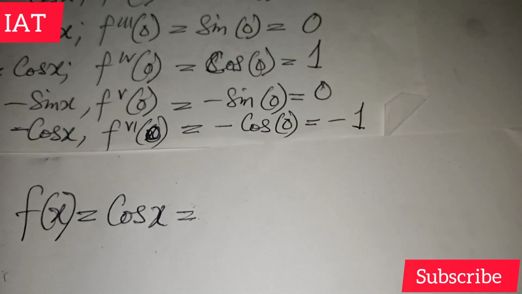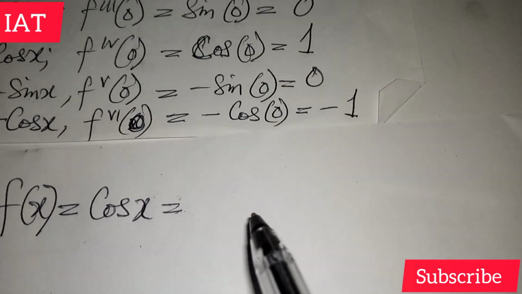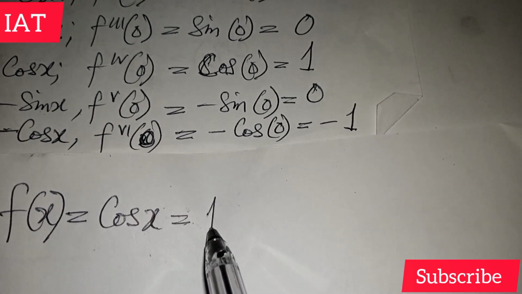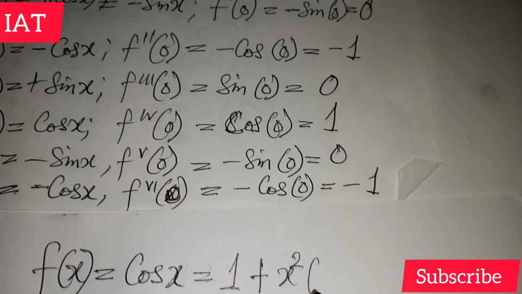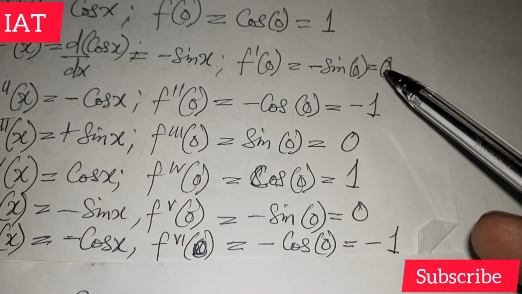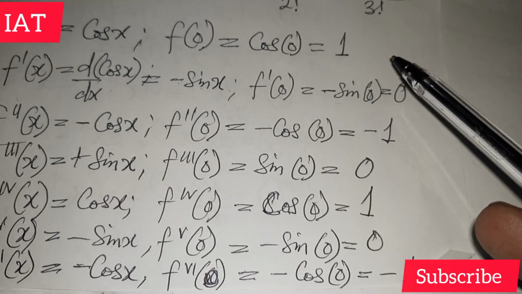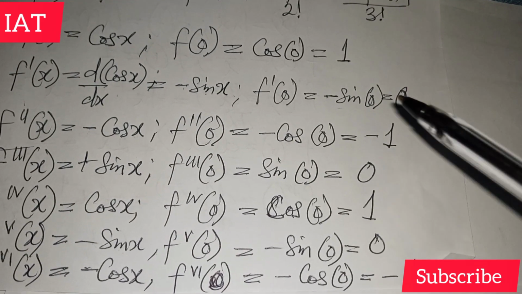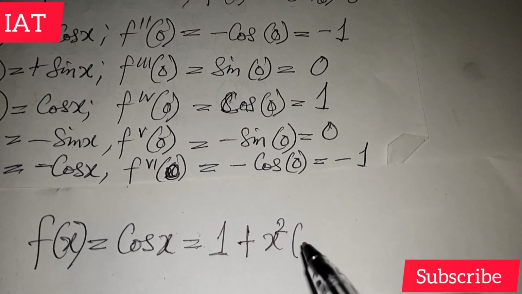So coming to this position, we'll have the first one to be 1 plus x squared into the second value. What do we have as second value? That's minus 1.